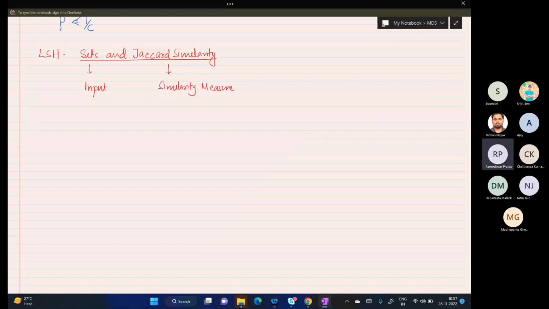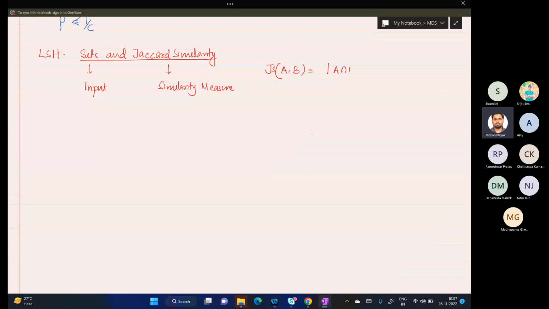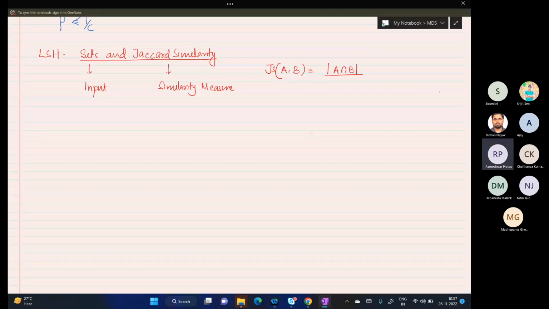Suppose we have two sets A and B. Their Jaccard similarity is basically A intersection B by A union B, the ratio of the size of the intersection versus the union.